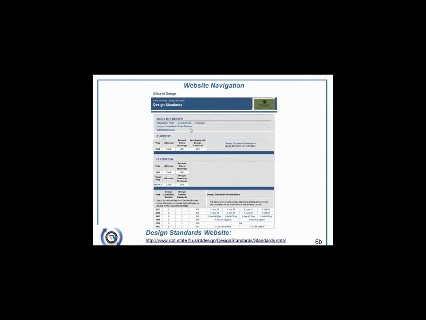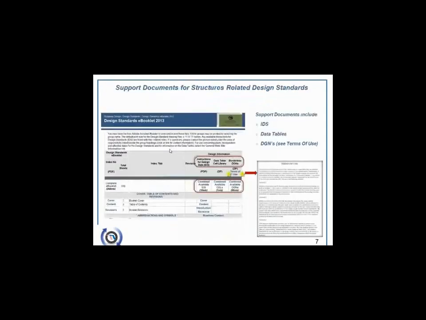John Mothler has some training and discussions he's done on the virtual implementation process, which is the stuff above the current design standards. So if you take a look at the ebook and click on there, I want to kind of go over some supporting documents for the structures-related design standards. We have a column for the instructions, the IDS. We have a column for data table cell libraries and borderless DGNs.